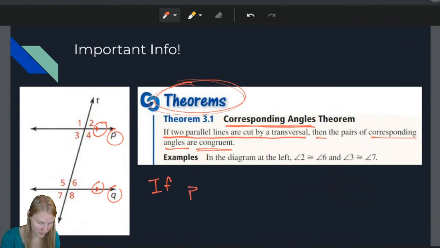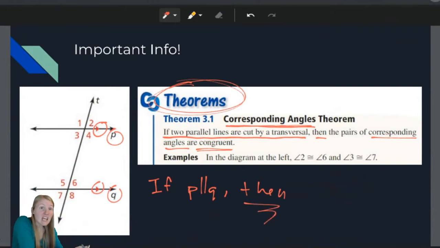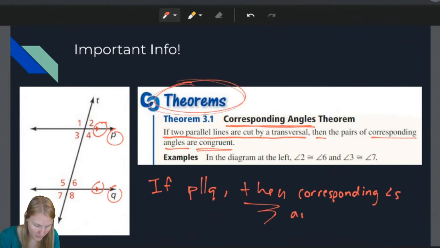So if P is parallel to Q, then if the lines are parallel, then corresponding angles are congruent. Don't forget, the equal sign with a squiggle above it means congruent.